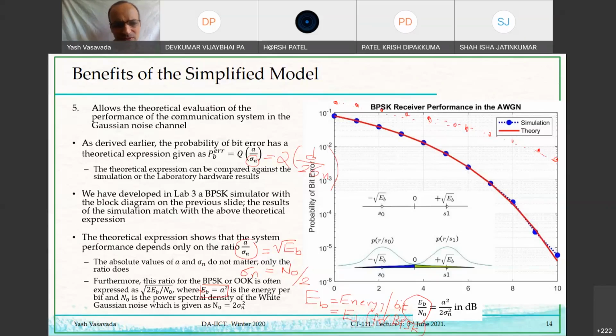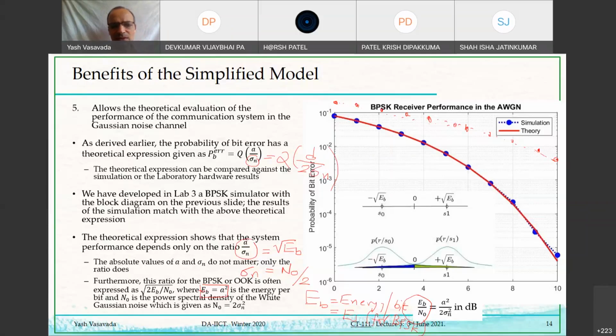These are not terribly important things to do right now, but we will get going on this so that later on our notations become more aligned with what is commonly used in the industry and in academics as well. So sigma n is N naught divided by 2. What is N naught? N naught is something called the power spectral density. Okay, so you will ask, what is power spectral density? Just wait, I will talk about it.